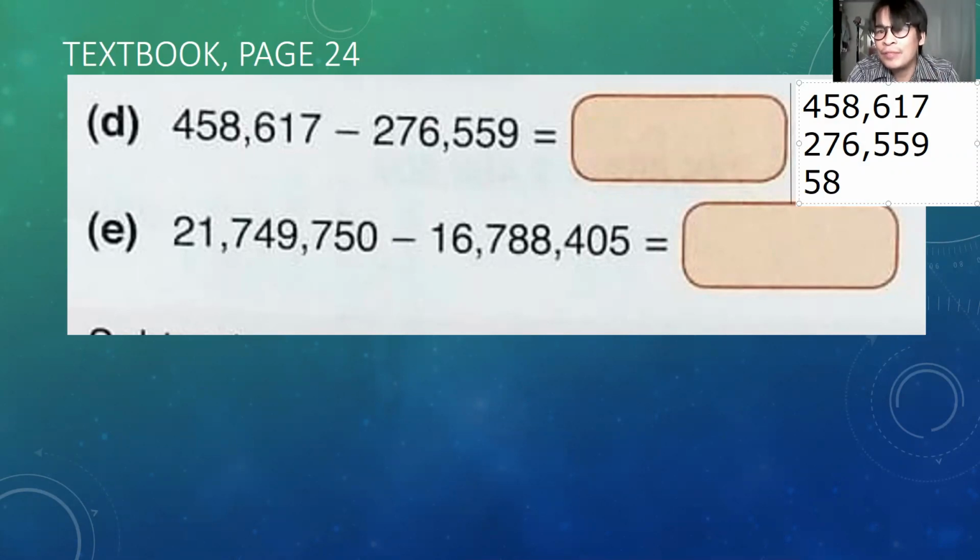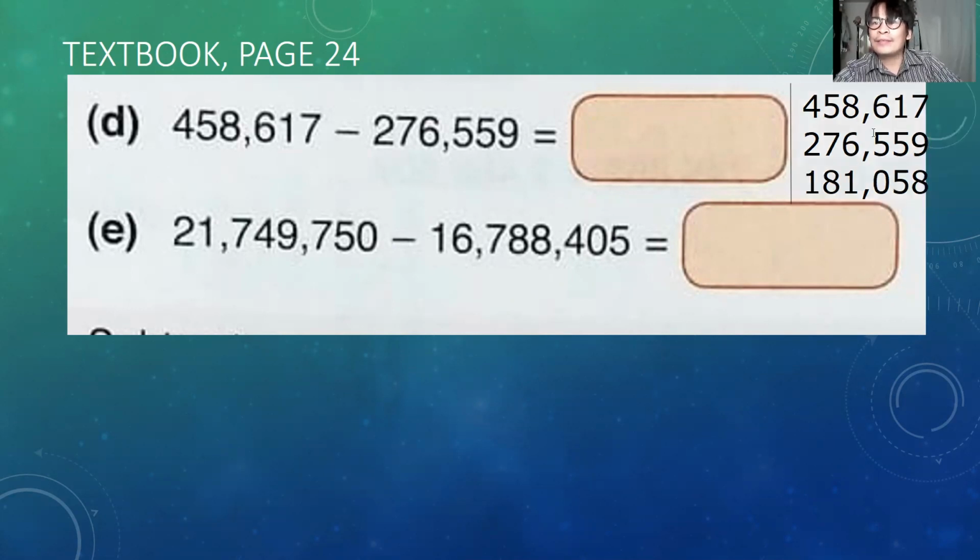So it becomes 5, 0, 0, comma, and then 7 minus 6 equals 1. And then 15 minus 7 equals 8. And then 3 minus 2 equals 1. So my answer is 181,000.